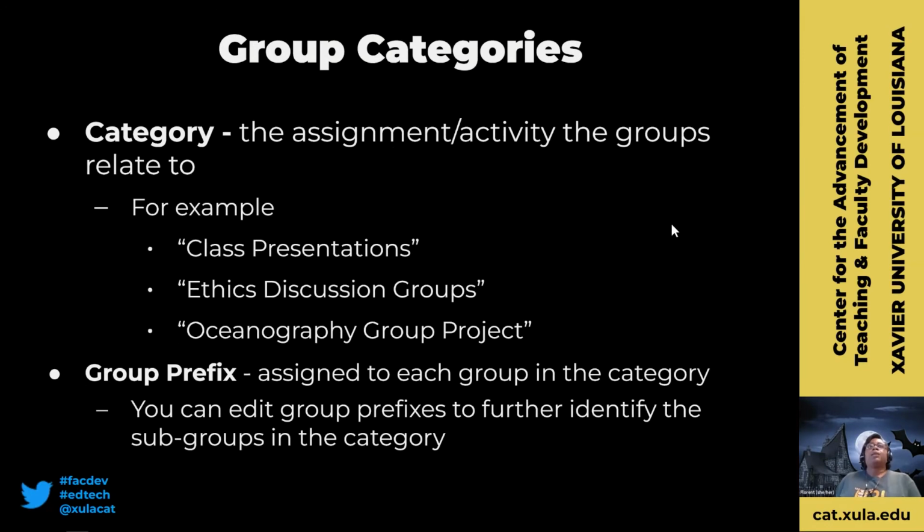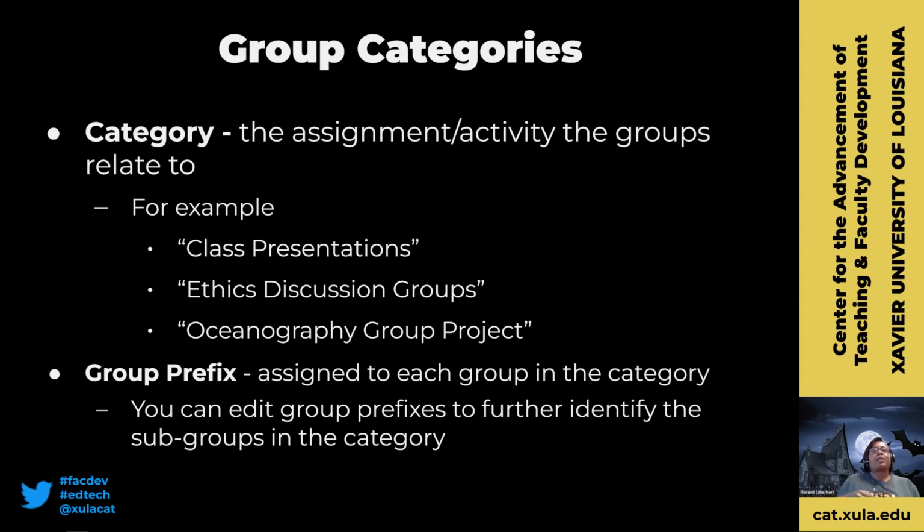When you're creating a group, you have to create a grade category. And this is going to be the assignment or the activity that the groups are related to. I have some examples here. For example, the group category could be for class presentations. Each group category has to have a group prefix, and this is going to be assigned to each group in the category.